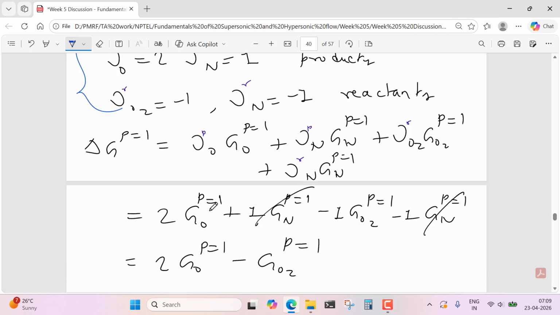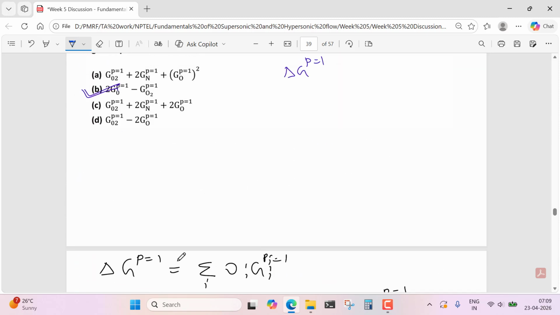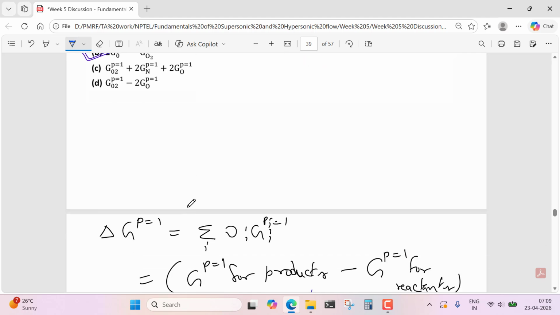You will get 2 G O at P equal to 1 plus 1 G N at P equal to 1 minus 1 G O2 at P equal to 1 minus 1 G N at P equal to 1. Here these two terms are the same, so they cancel out. We will get 2 G O at P equal to 1 minus G O2 at P equal to 1. So the correct answer is option B, which is 2 G O at P equal to 1 minus G O2 at P equal to 1.